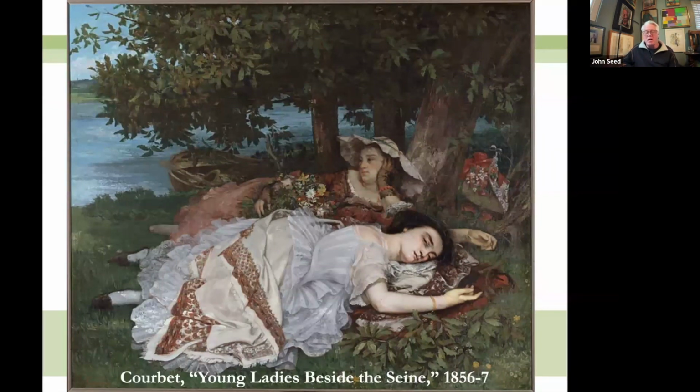When you look at this painting, Young Ladies on the Banks of the Seine, you are probably not offended. Maybe you take a look and you say, well, those are kind of lacy dresses the women are wearing. Well, it was an offensive painting when it was first displayed because any proper, upscale Parisian would have recognized prostitutes. And the woman in the foreground is very likely sleeping off a hangover, waking up in the morning after a busy night the night before.